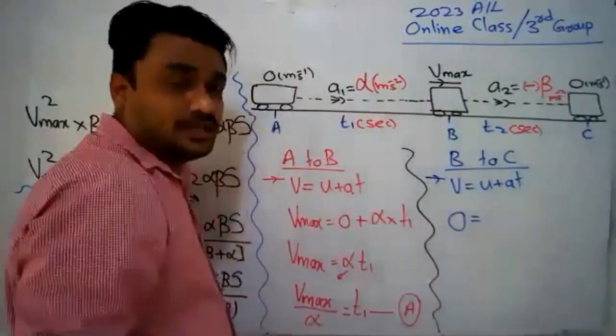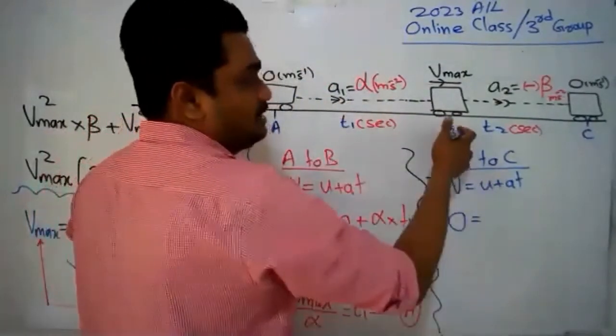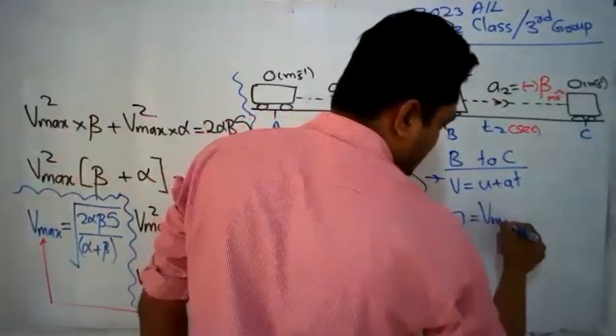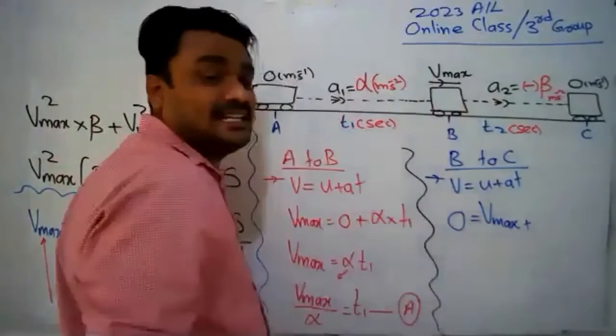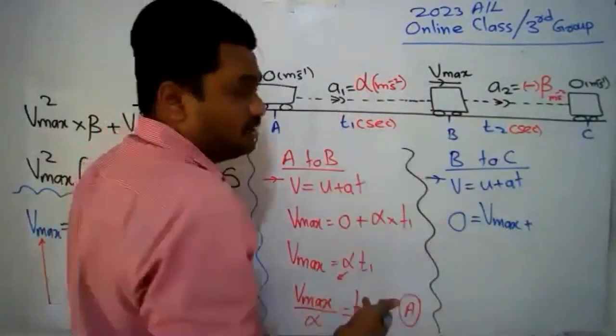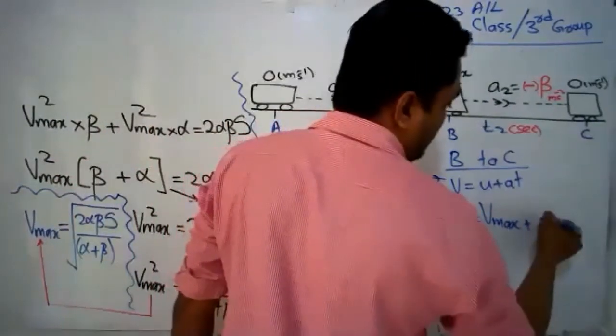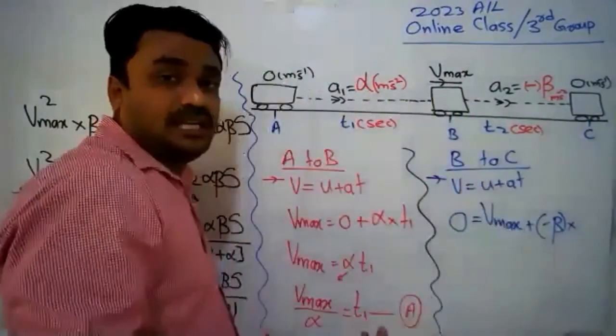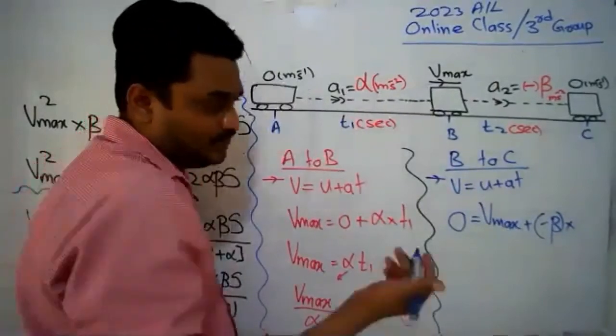The initial velocity is the velocity at the point B, that is V max. Plus acceleration. B to C does not have an acceleration, it's a deceleration. Therefore, you have to write it with the minus sign, minus beta, because B to C, the vehicle decelerates.